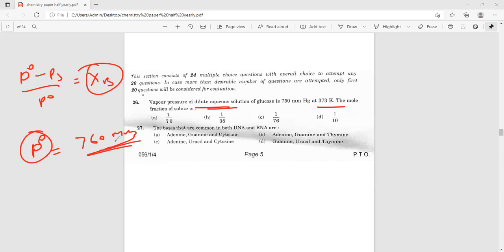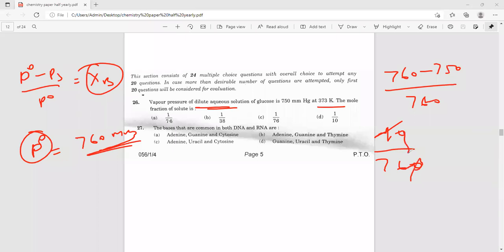So 760 minus 750 upon 760 means 10 upon 760, 10 cancels out, then the answer is 1 upon 76, means C is the right answer.